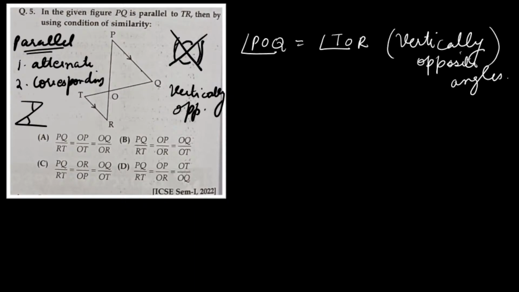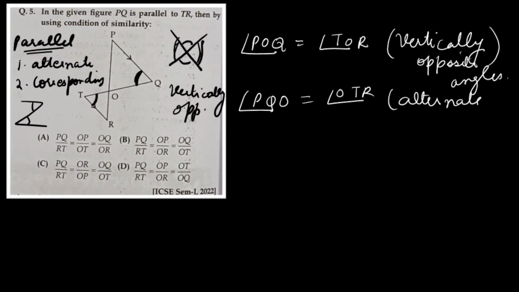So angle PQO equals angle OTR, and these are alternate angles. On a Z formation, only when parallel lines are given to us, these angles will be equal.